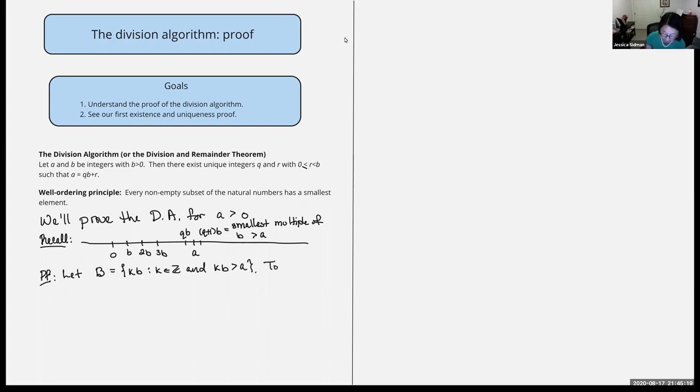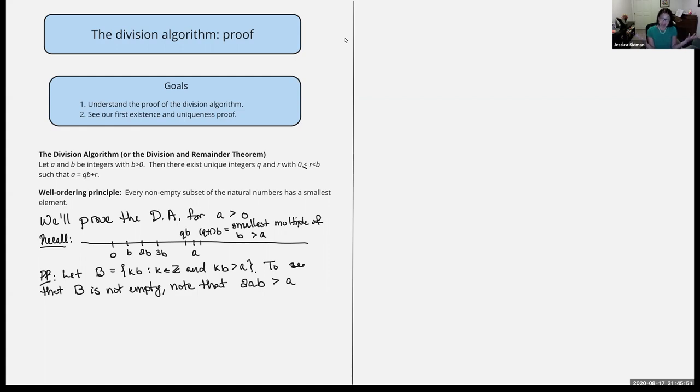So to see that capital B is not empty, note that 2AB is definitely greater than A. So A is positive, so 2A is greater than A, and 2A times B is greater than that.